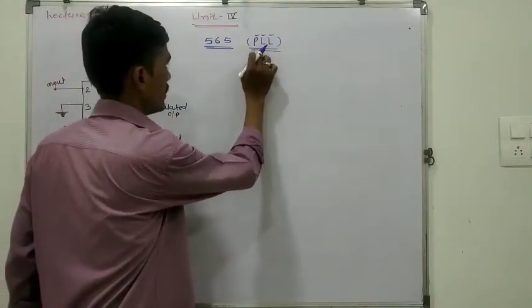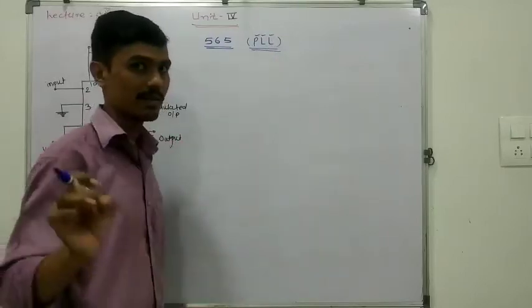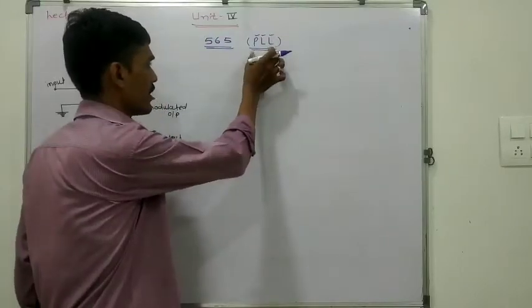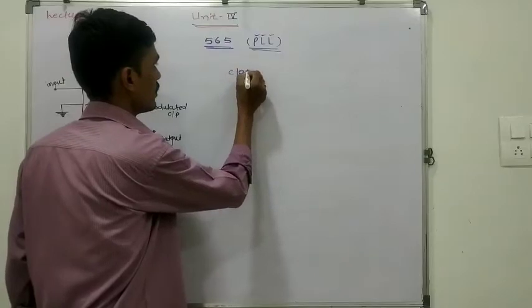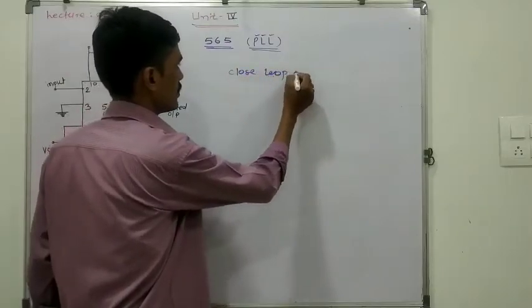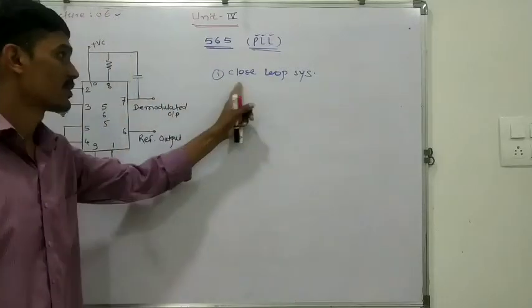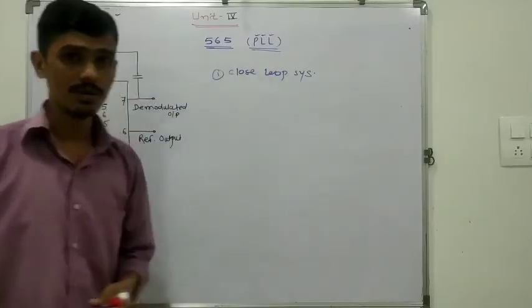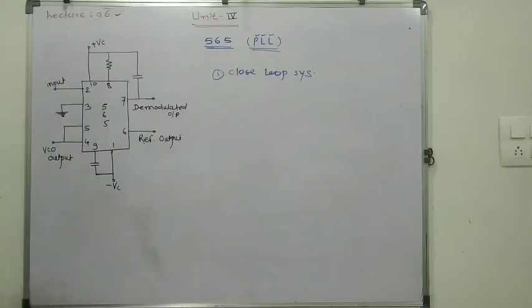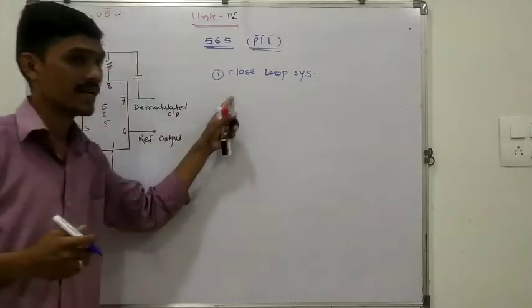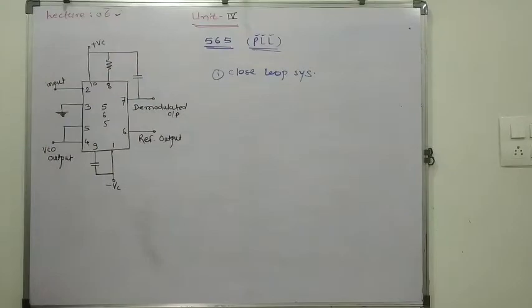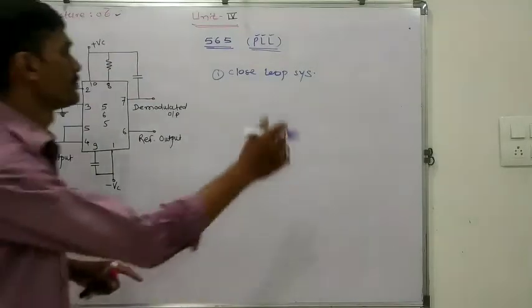So this circuit, or this block diagram of the PLL, is a closed loop system. This is the first point in the definition: a closed loop system. And how does it work? It works to lock the output frequency and phase.